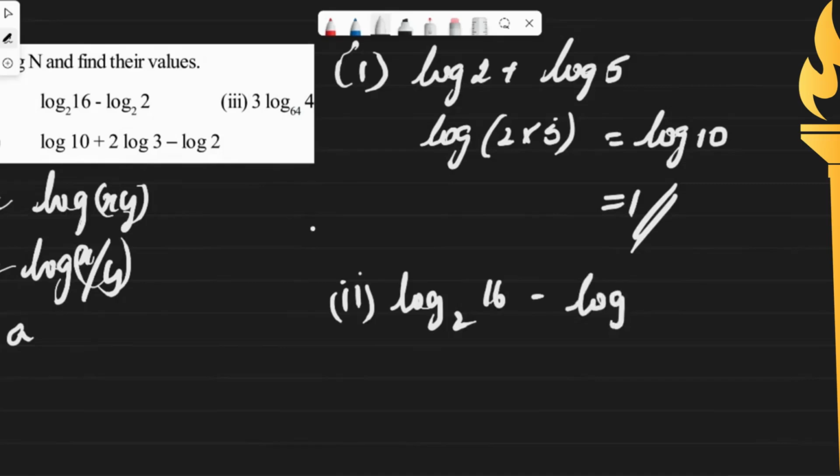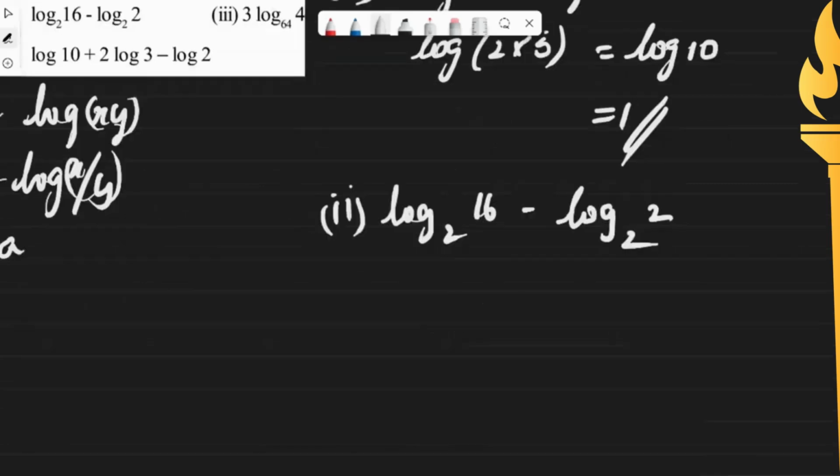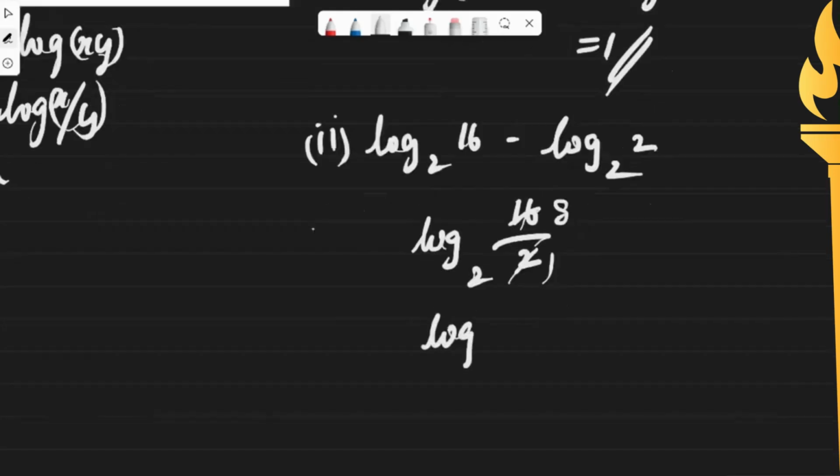Next, second one, we have log 16 base 2 minus log 2 base 2. So second formula here, log x minus log y is log x by y. So log 16 by 2 base 2. 2 1s are 2, 2 8s are 16. Log 8 base 2. Similar to the first question of exercise 1.5, let us take it as x.